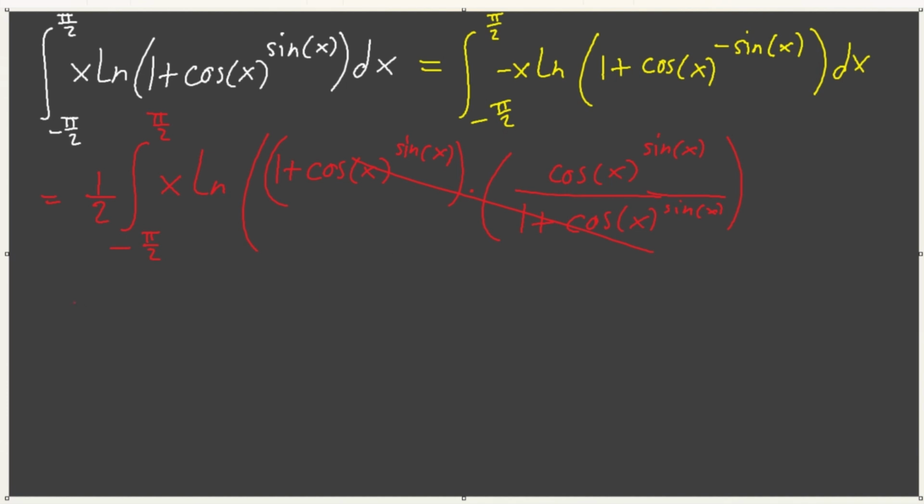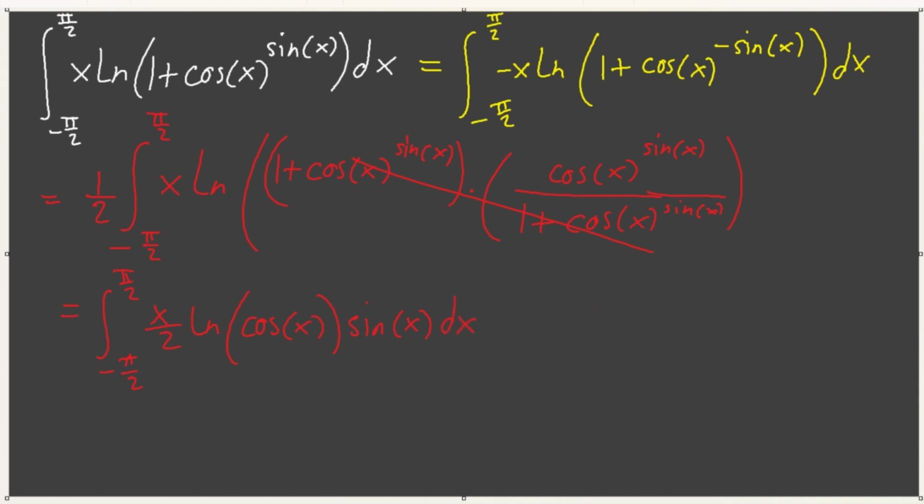They cancel out, and you end up getting pi over 2, x over 2, ln of cosine x to the power of sine of x, but by logarithm we could just take that out, right?